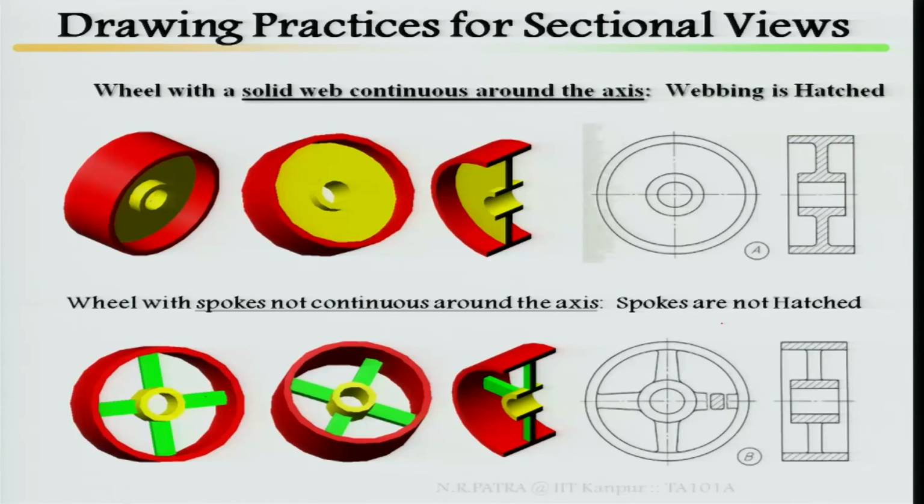Here in this case, this solid web is continuous around, so it has been hatched. In this case the spokes are not continuous, rather four have been placed, so it is not hatched.